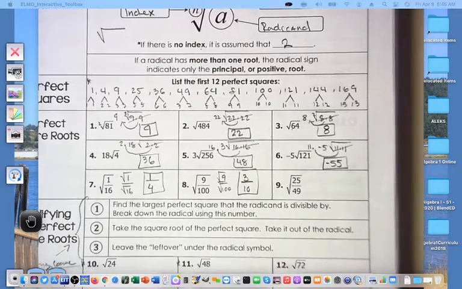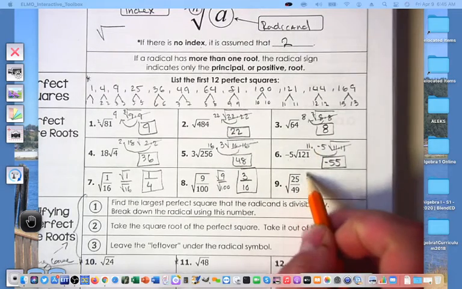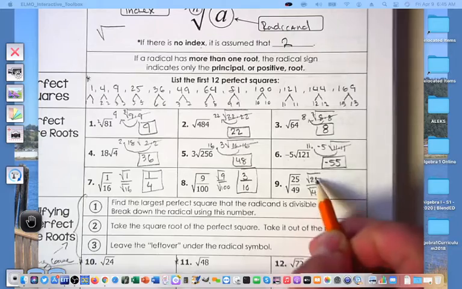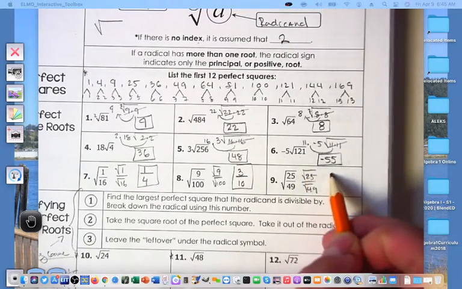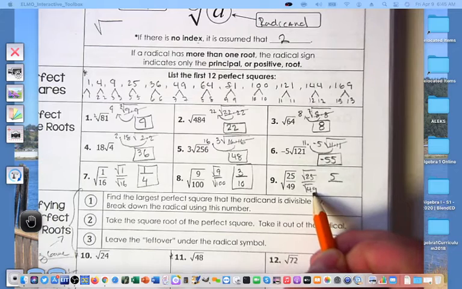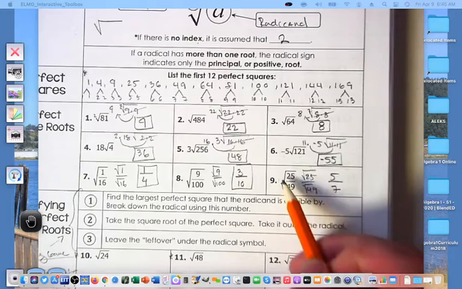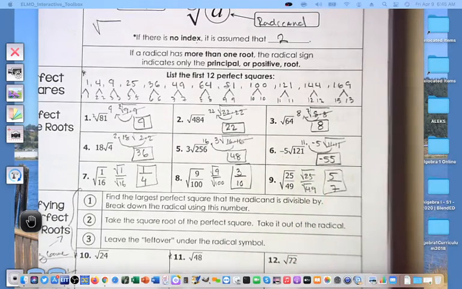Let's do it one more time here with number 9, and then we'll get into some more interesting problems. So we have radical 25 over radical 49. 25 breaks down into 5 times 5, so square root of 25 is 5. 49 is 7 times 7, and so that becomes a single 7 on the outside. So the square root of 25/49 is equal to 5/7.